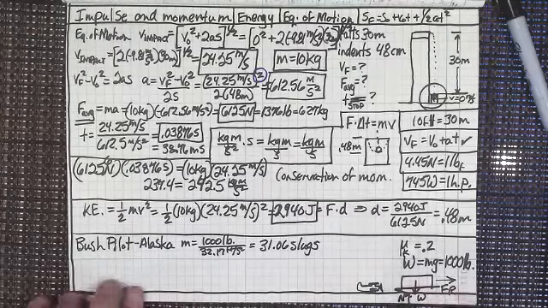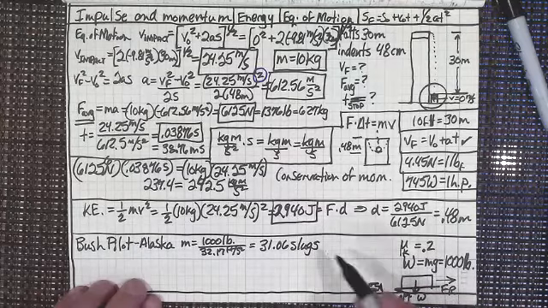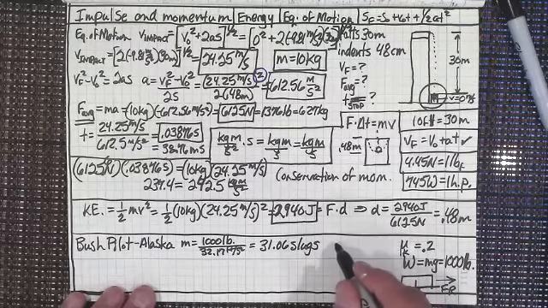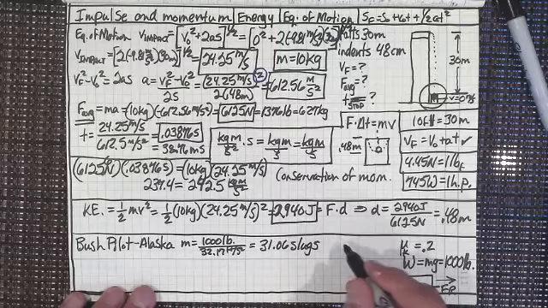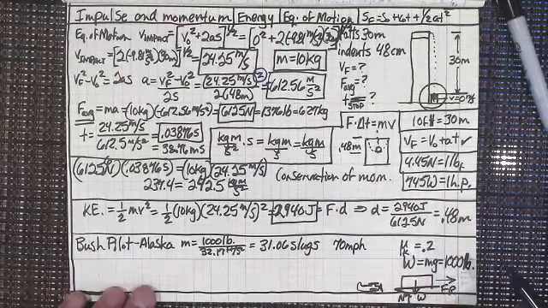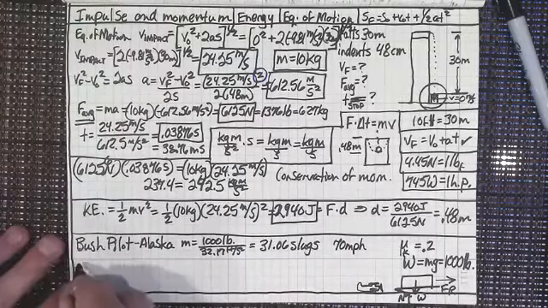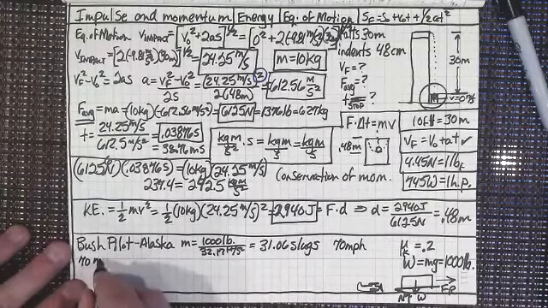So I know that it's 31 slugs. Oh, I forgot to tell you what the velocity of the pilot landing was. That is 70 miles per hour.